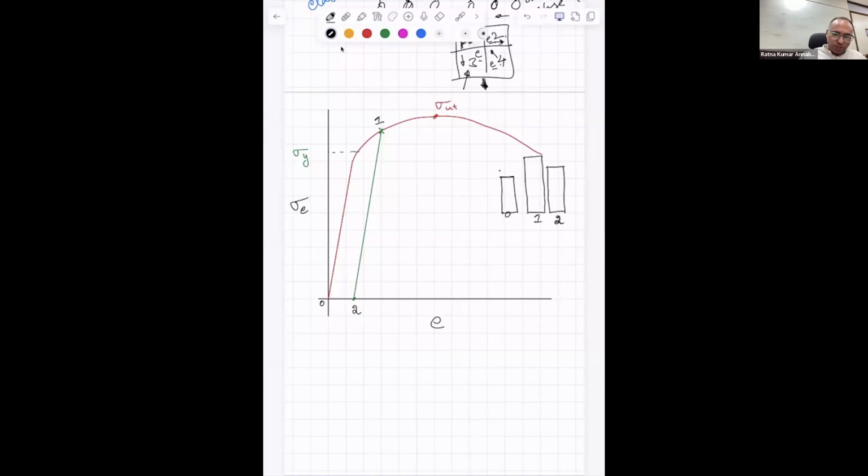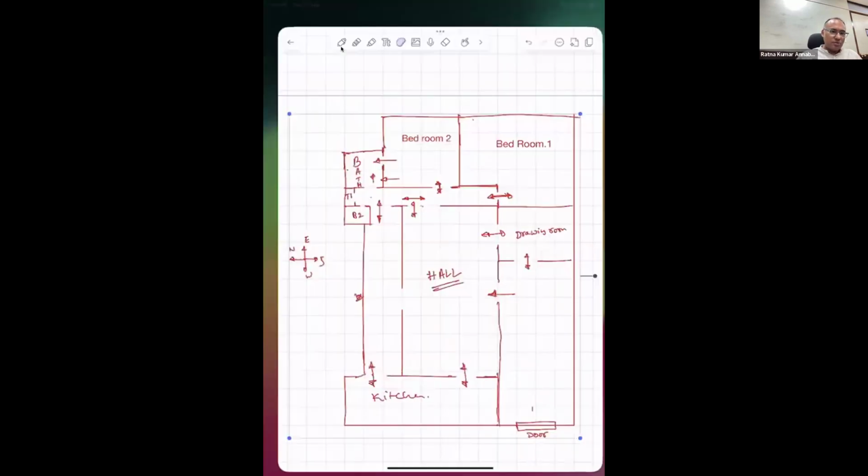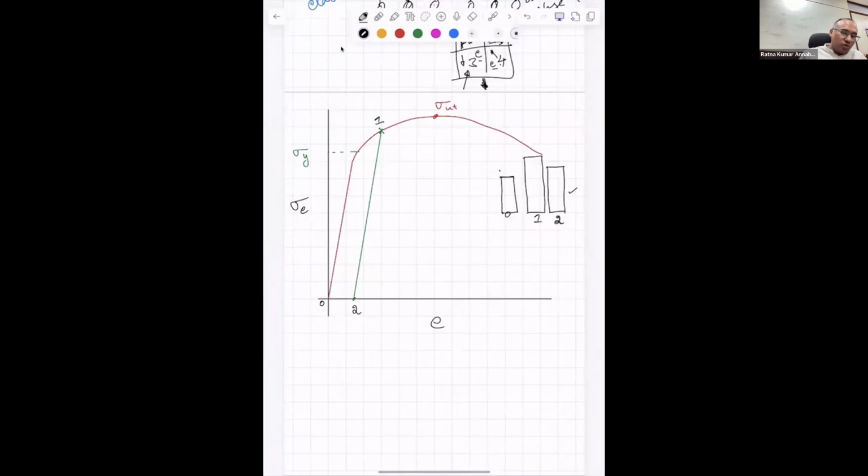Now, if I take this specimen and do the tensile test again, okay, then what happens? If I do the tensile test again, what will be the yield strength that I will measure?